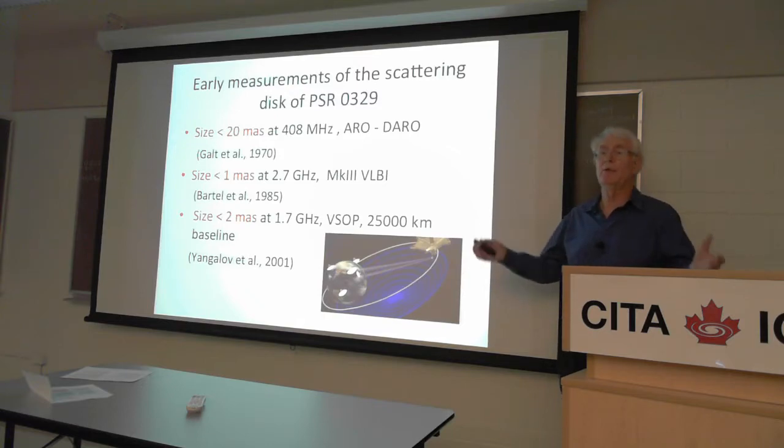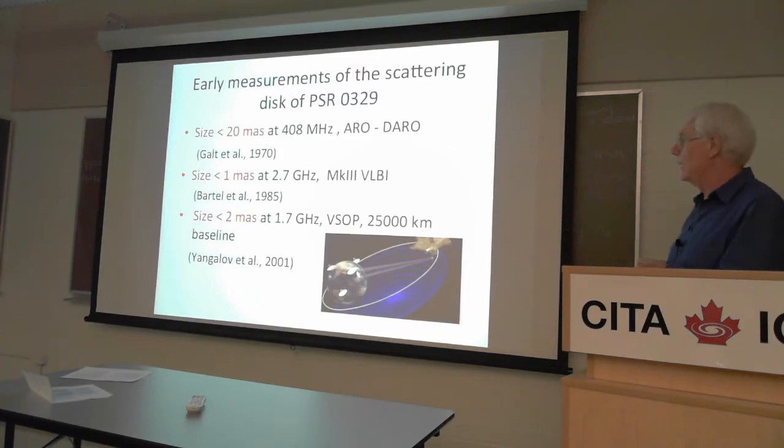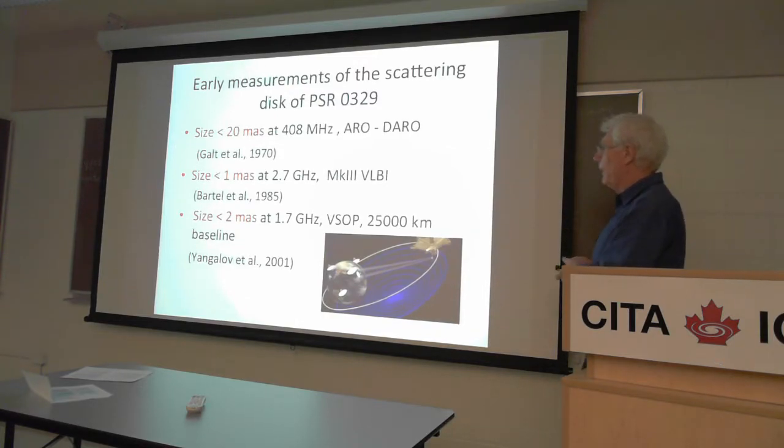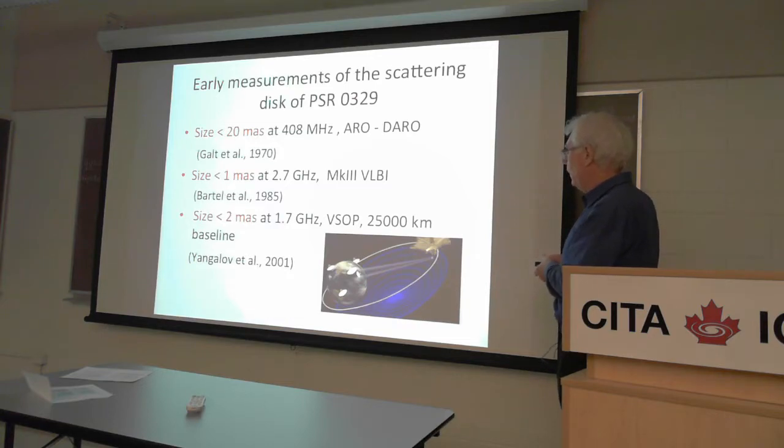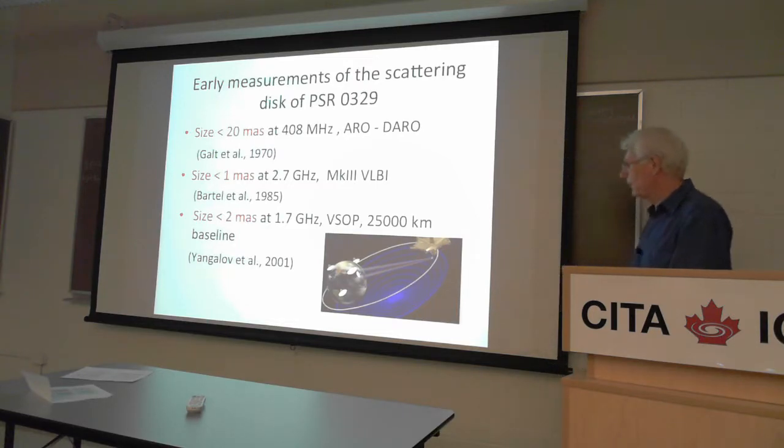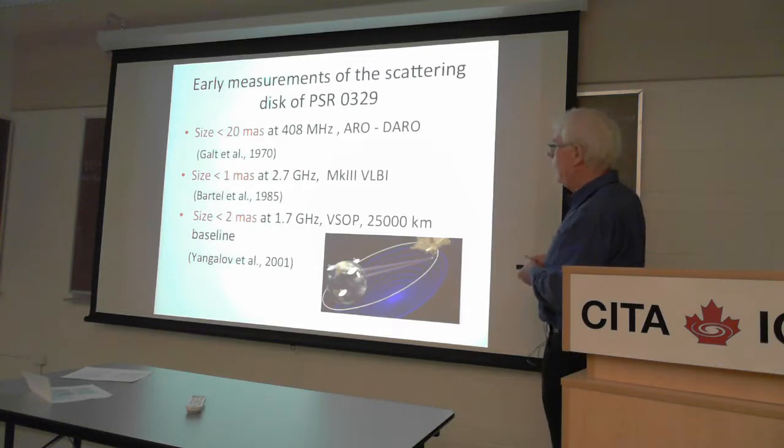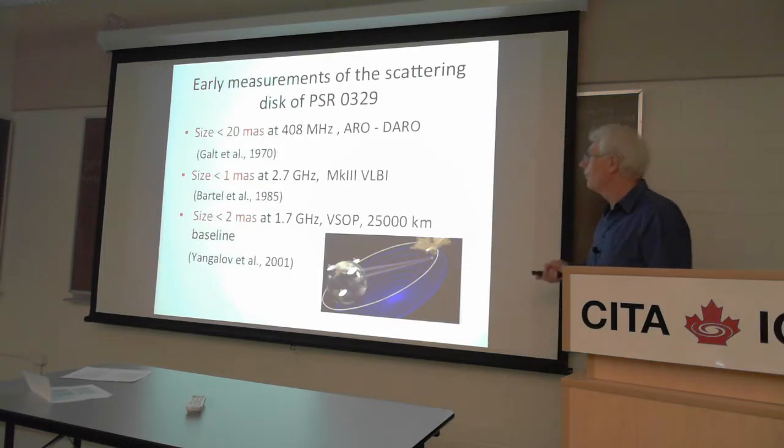Also an upper limit; it turns out that even that was too large to determine the size of the scattering disk. You would think that with VSOP you have a larger baseline, 25,000 kilometers. That was an imaging space system pioneered by the Japanese, and they got a scattering size of 2 milliarcseconds. So that's where we stood.